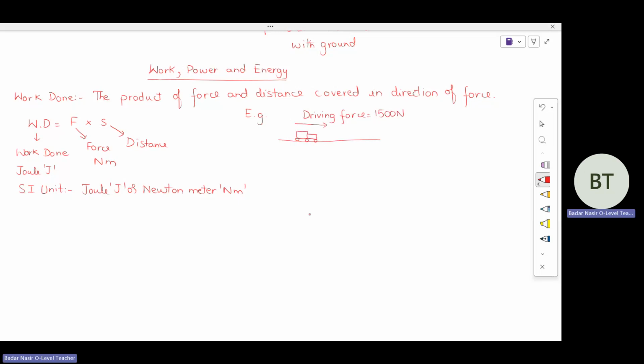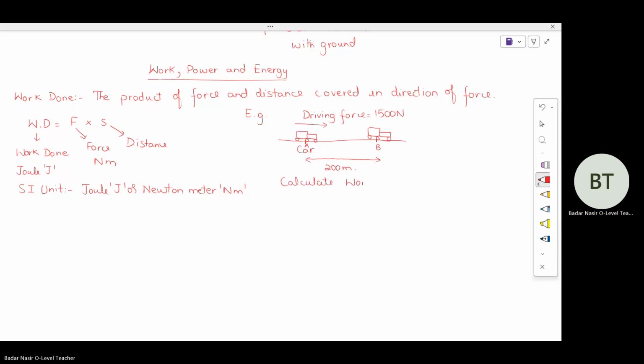Now this car is traveling along this road. It travels from point A towards point B, and it covers a displacement of, let's say, 200 meters.